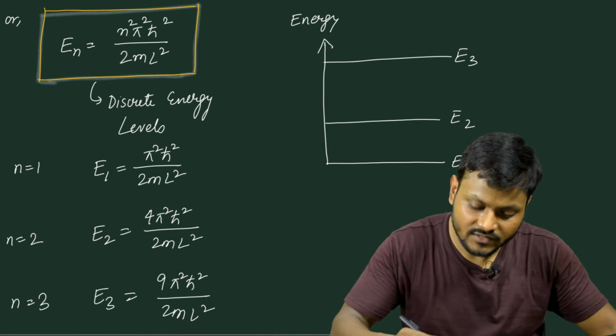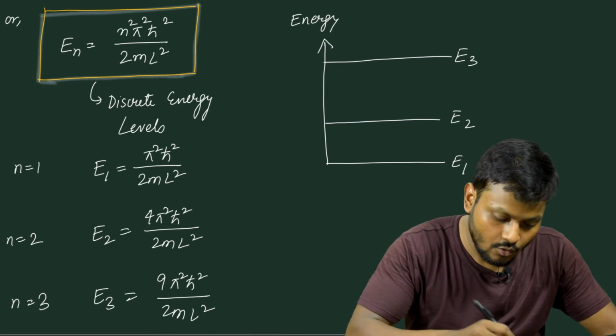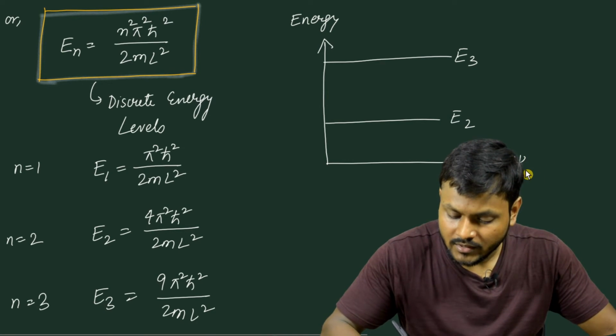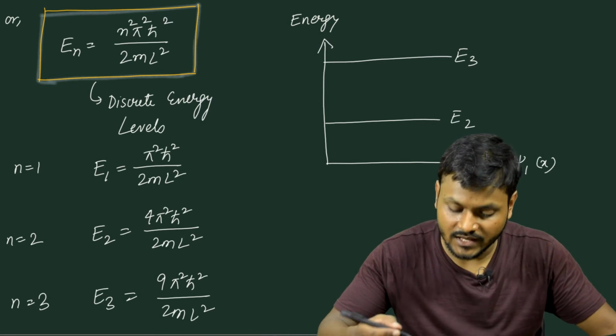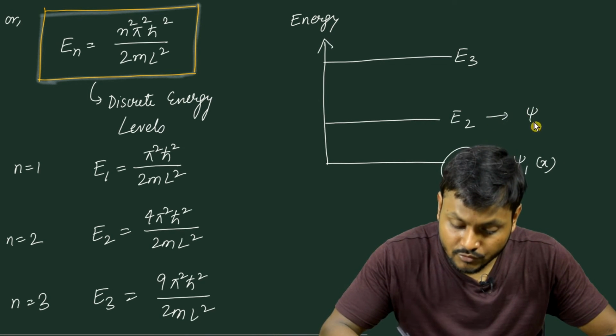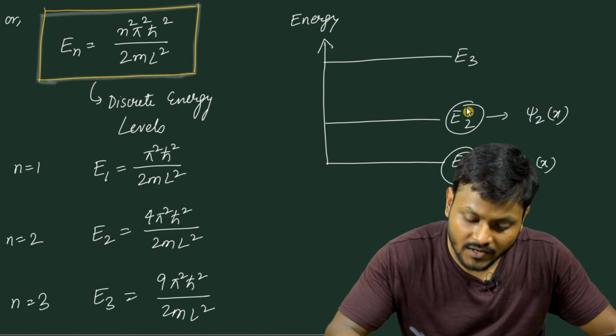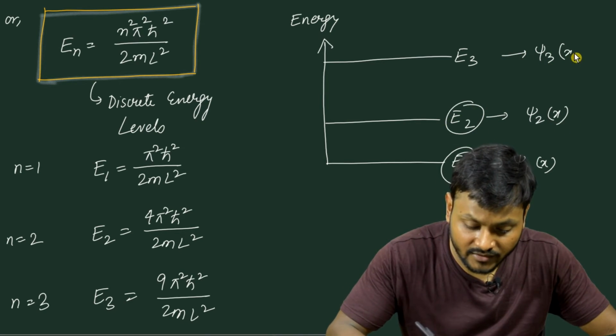Now what are these energy levels? Basically this is the energy level corresponding to psi 1. So if the particle is in psi 1 state, it will have energy E1, which is known as the ground state. If the particle is in psi 2 state, it will have energy E2. If the particle is in psi 3 state, it will have energy E3.